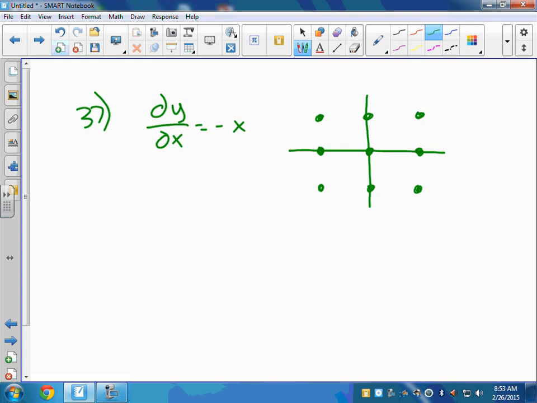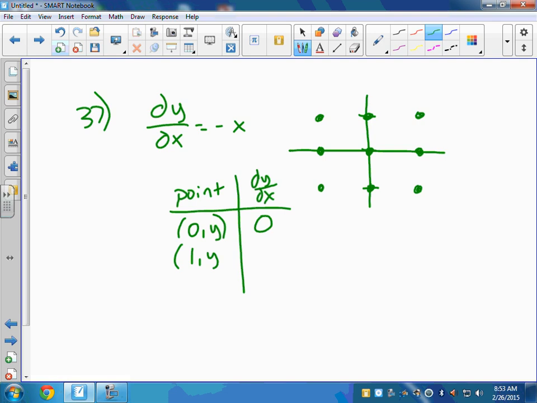But on this one, remember that if you just look at your points and think about your derivative, when x is 0 and y can be anything, your derivative is always going to be 0. So where x is 0, that would be the y-axis, your slope should be 0. So how do we draw a 0 slope? We just draw a flat line. When x is 1 and y is anything, your slope is going to be negative 1. So remember, you just draw that little segment in.